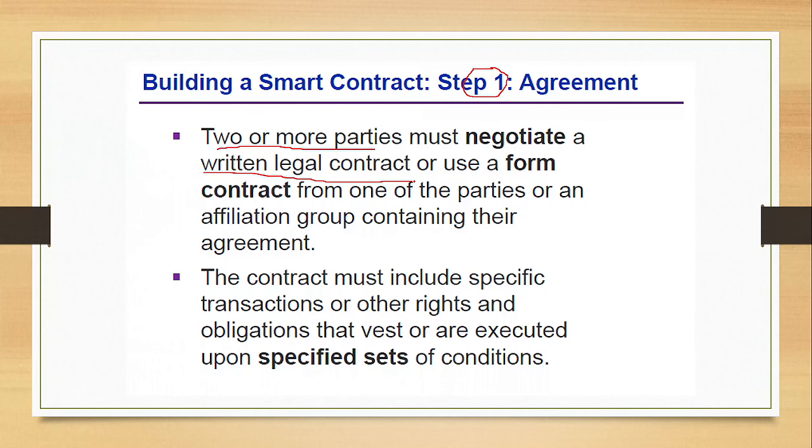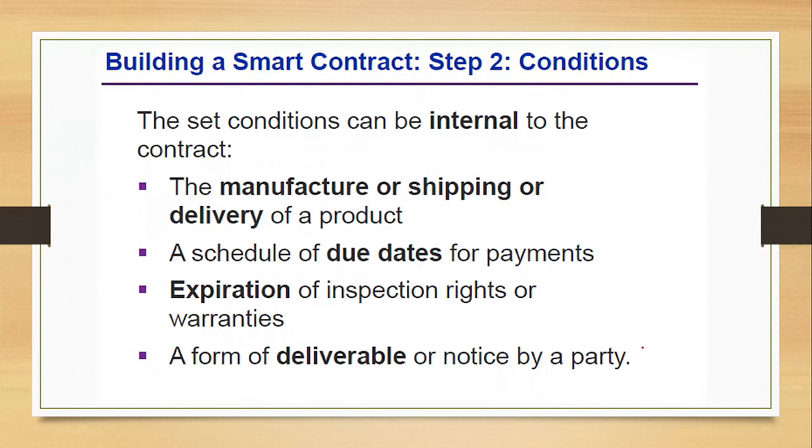Then this human-like contract that is signed by the participating entities will now be created into some kind of smart contract that is going to be coded, right? So the contract must include the various information based on some specified sets of conditions. So whatever has been agreed within this first step is what is going to be implemented. So step 1, agreement. Step 2, conditions, right?